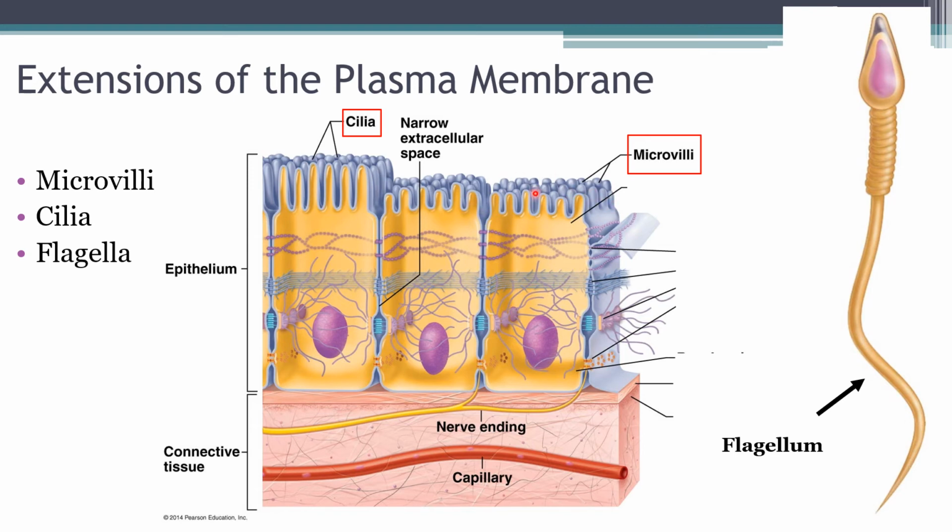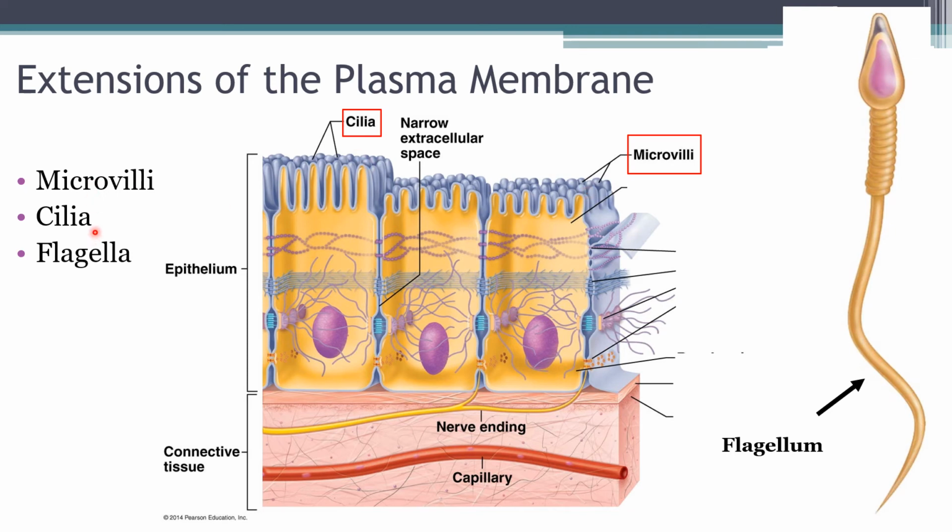And increasing membrane surface area is particularly important for moving things in and out of the cell, what's called absorption when you move things in, secretion when you move things out. So you see microvilli in particular in places of the body where that transport is important, where moving things in and out is an important function of that cell. Because that's what the microvilli will allow you to do a little better.